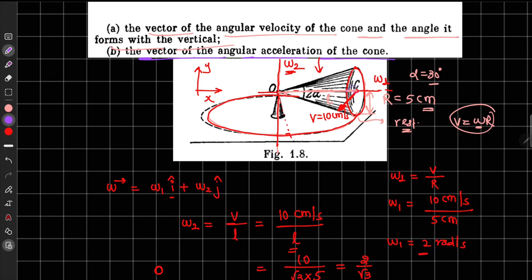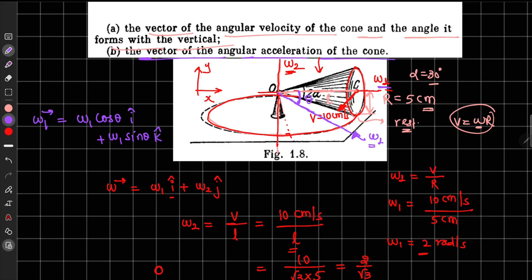So let us say the cone has rotated by the angle theta about the vertical axis. So let us say the angular velocity vector omega 1 is now in this particular direction after rotating by the angle theta. So basically we can write the omega 1 vector as omega 1 cos theta i cap plus omega 1 sin theta k cap.